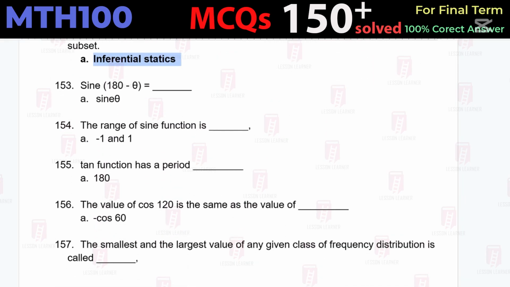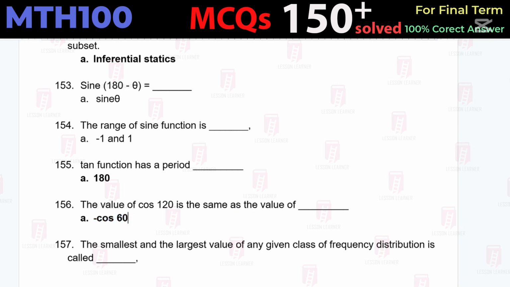Sine of (180 minus theta) equals sine theta. The range of a sine function is -1 to 1. Tan function has a period of 180. The value of cos 120 is the same as the value of minus cos 60.